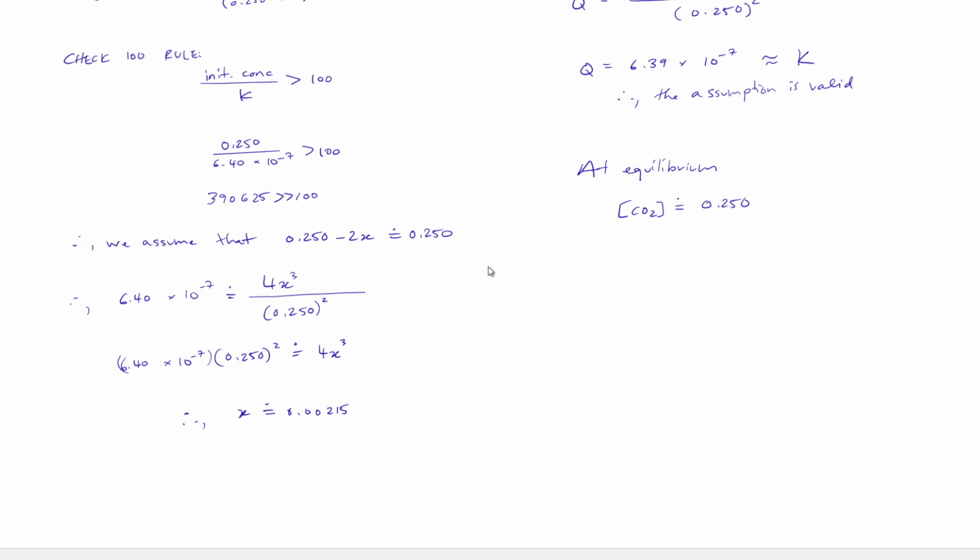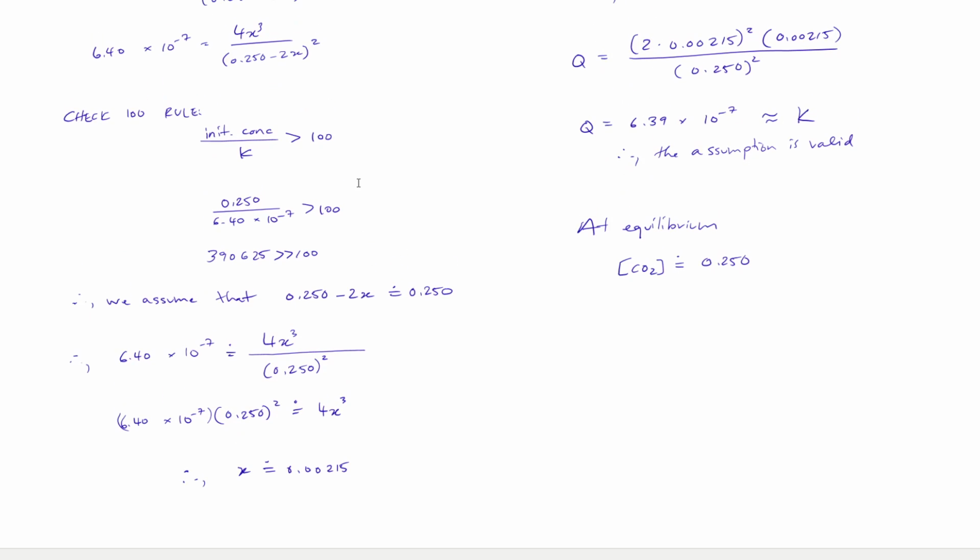I'm going to assume that the subtraction of the 2x is insignificant. So it's basically the same concentration I started off with. I mean, there is a small difference, but it's not enough to report.